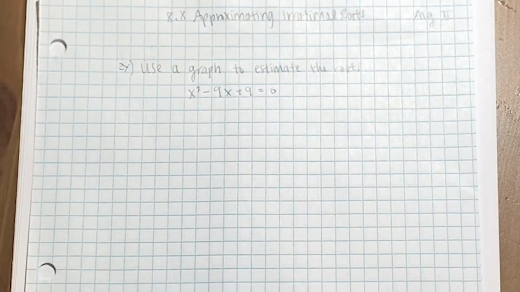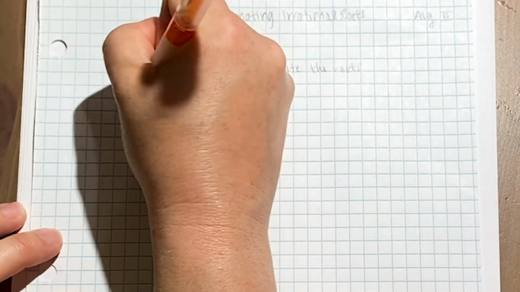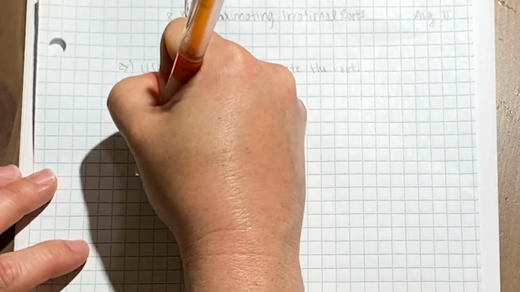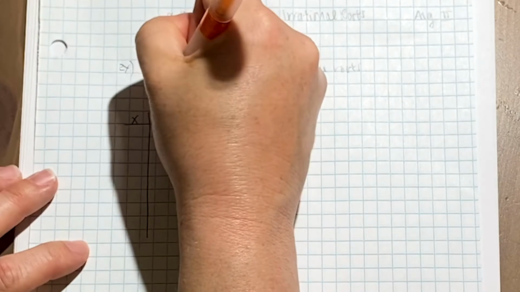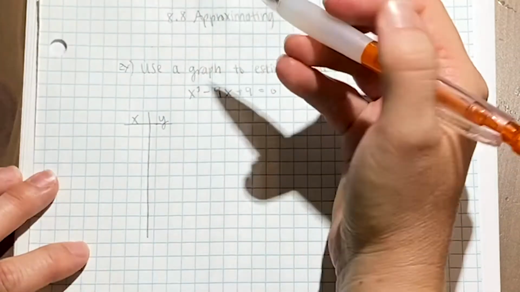For your test, I am going to give you the x values that I want you to use in the table, and you're going to fill in the y values. That just makes it easier for me to make sure that I can grade these efficiently. But when you're making a table, especially if you have a table function on your calculator, you want to pay attention to the y values.